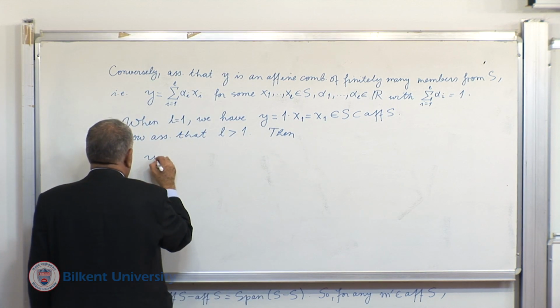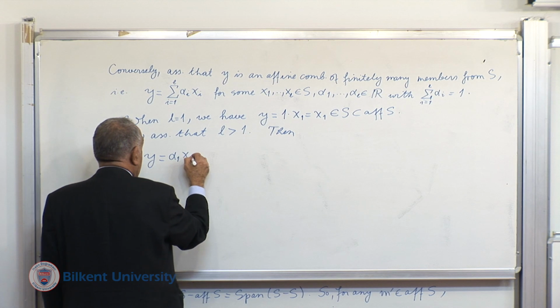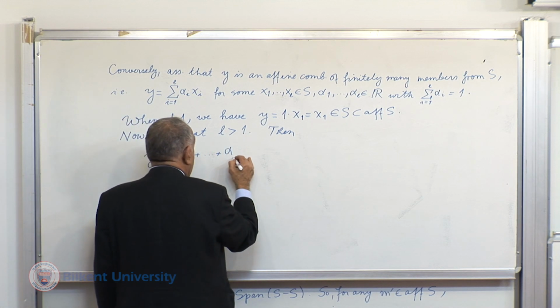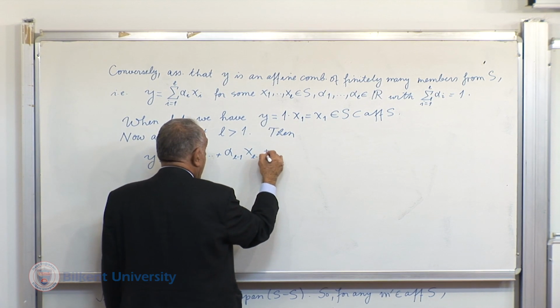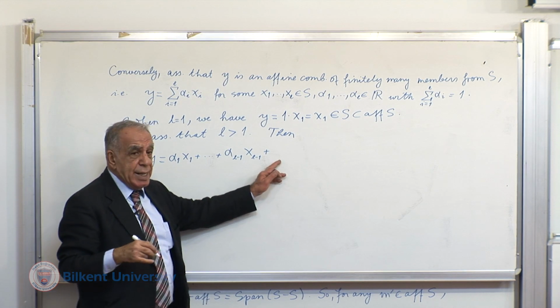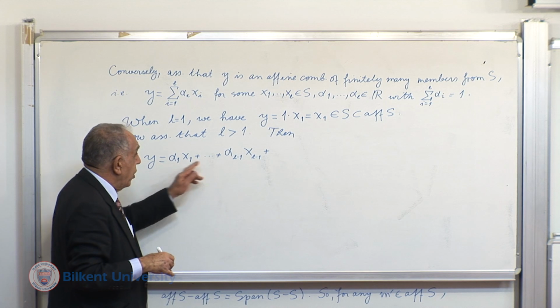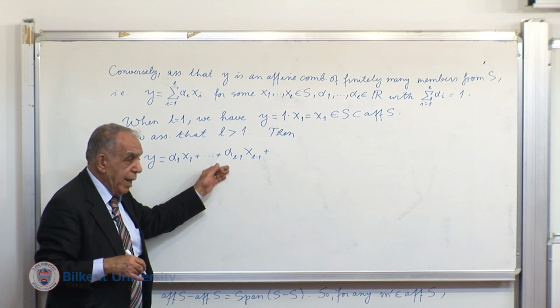This y is equal to alpha 1 x1 plus up to alpha l minus 1 x l minus 1, plus, now I can write the coefficient of xl in terms of alpha 1 up to alpha l minus 1.